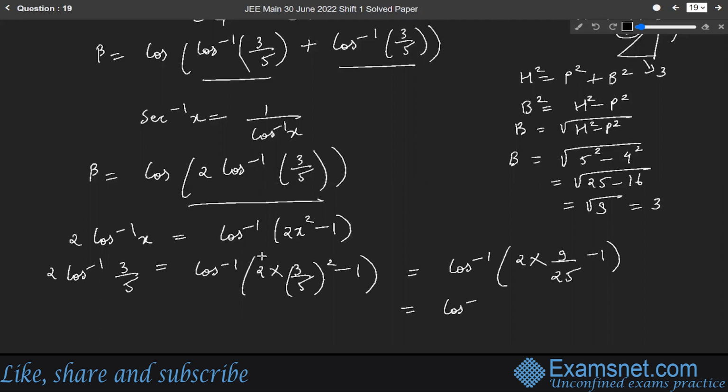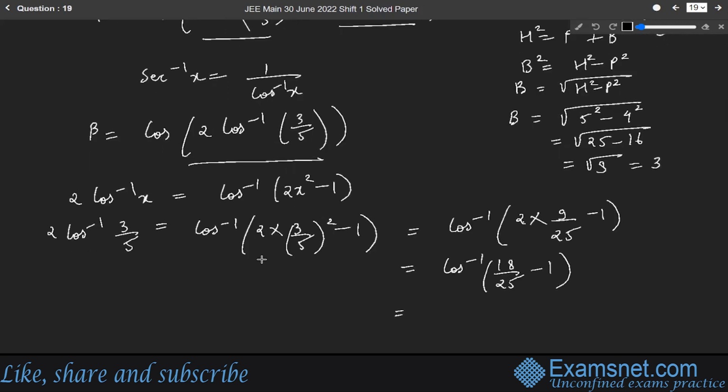So cos inverse of 2 into 9 is 18, 18 by 25 minus 1. When we take the LCM, which is 25, it is 18 minus 25, so cos inverse of 18 minus 25 is minus 7 divided by 25. So the value of 2 cos inverse 3 by 5 is cos inverse of minus 7 by 25.